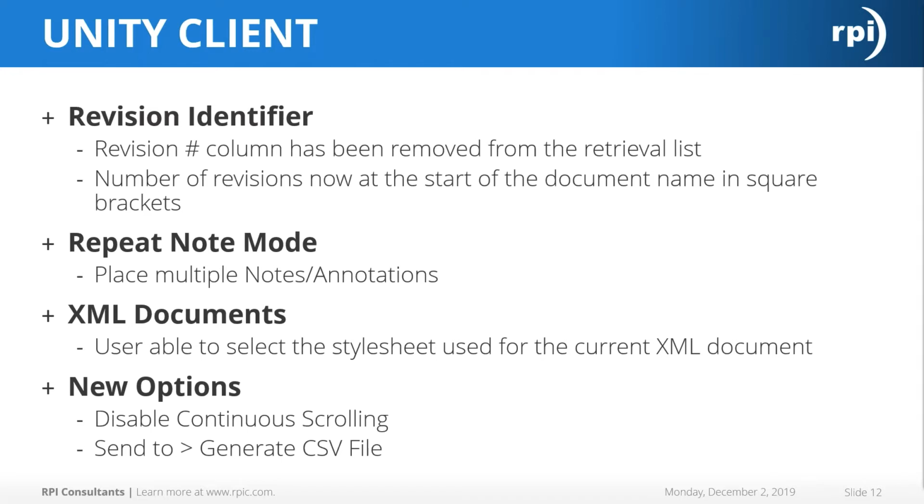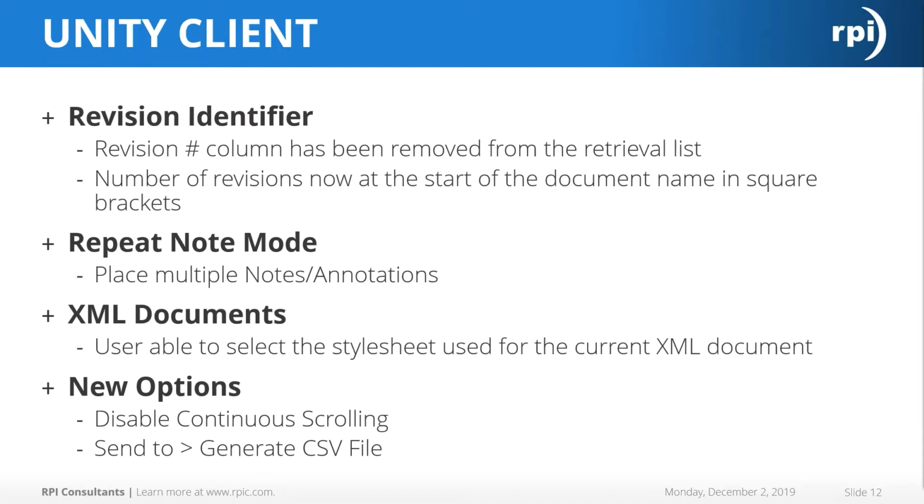And then some new options that they've added in the Unity client. This first one, for whatever reason, I'm pretty excited about: you're now able to disable the continuous scrolling. So what this means is if you have a 10-page document in OnBase and you're on page 1 and you're scrolling through to get to the bottom of page 1, but by accident you end up on page 3, you can now disable that feature.